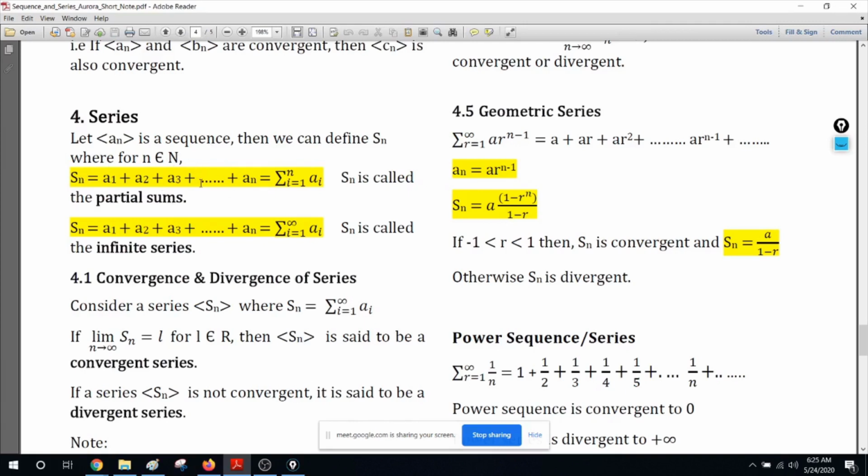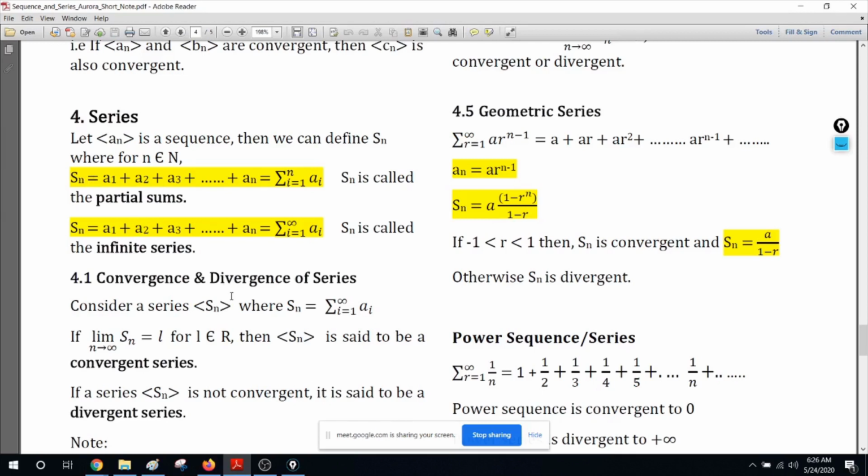Otherwise we say that the series is divergent.